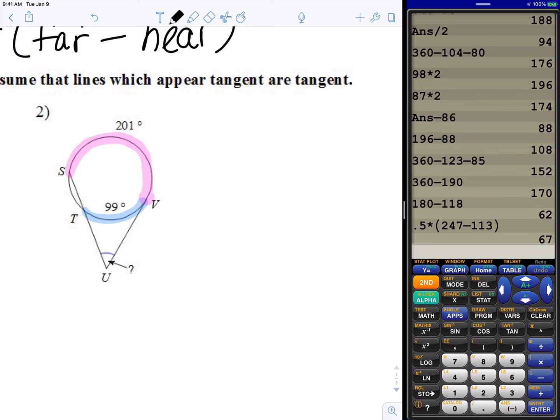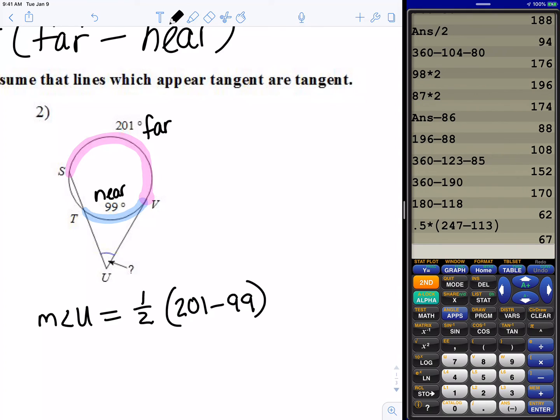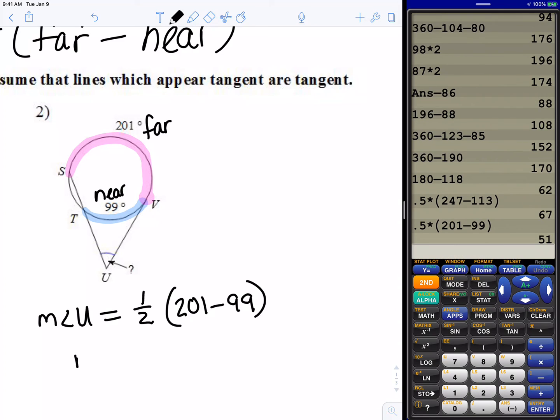So the formula says that the measure of angle U is going to be 1/2 times, this is the far away arc, this is the nearby arc, so it's 201 minus 99. So 1/2 times parentheses 201 minus 99 gives me 51. So the measure of angle U equals 51 degrees. All right, I'll work out the rest of the problems in the notes in the next video.